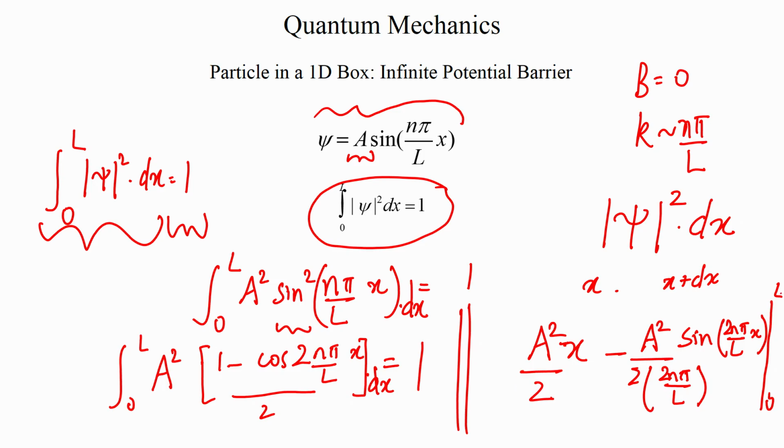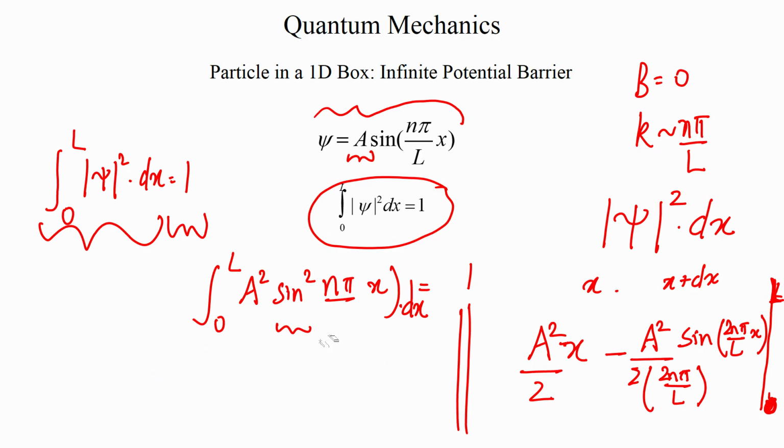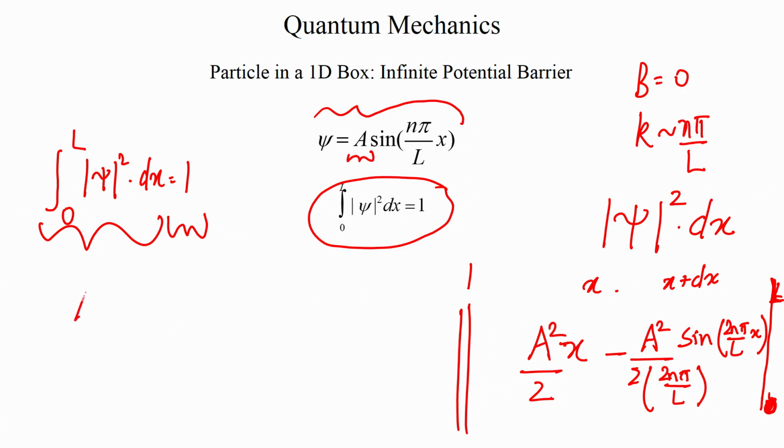The first term, if I apply these limits, sorry, I am not talking about the boundary condition, I mean the limits of integration are from 0 to L. So if I apply these limits, what do you get? The first term becomes a square by 2 into L, and 0 just results in 0.